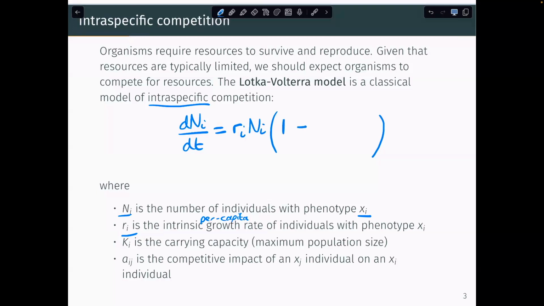So we have 1 minus, so this 1 is just basically saying, what do we start with? What's our intrinsic growth rate for these phenotypes? And then we're going to sum over all possible phenotypes in the population, Nj.